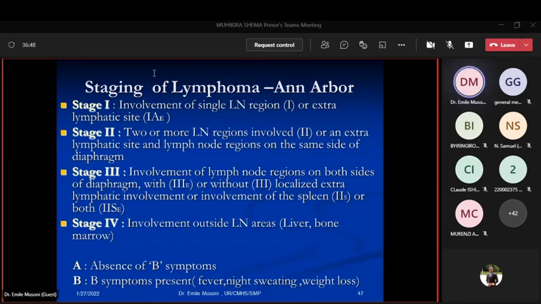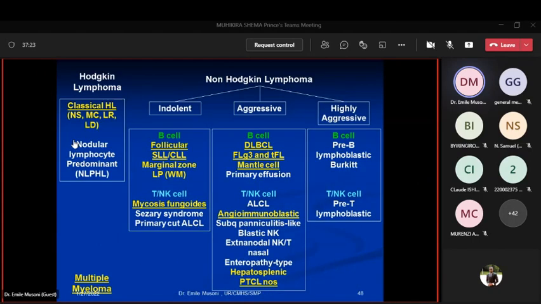Stage 3 is involvement of lymph node regions on both sides of the diaphragm with localized extranodal involvement. Stage 4 is involvement outside the lymph node areas, like the liver, bones, and bone marrow. What you must know: stages 1 and 2 are called early stages because they have a good prognosis, whereas stages 3 and 4 are advanced stages.